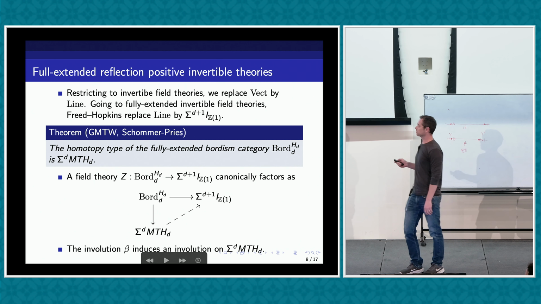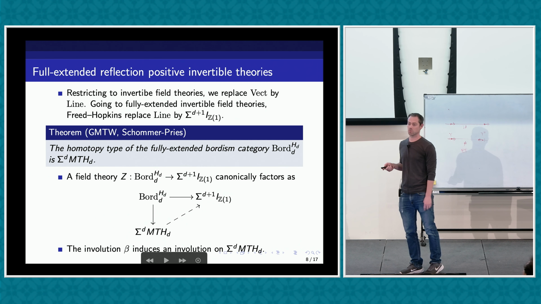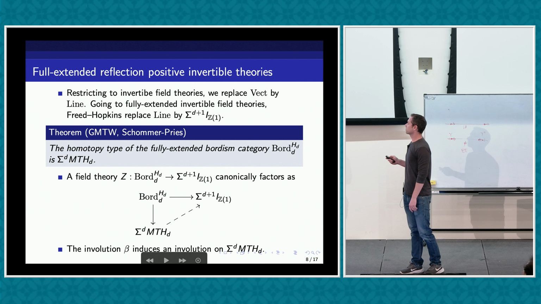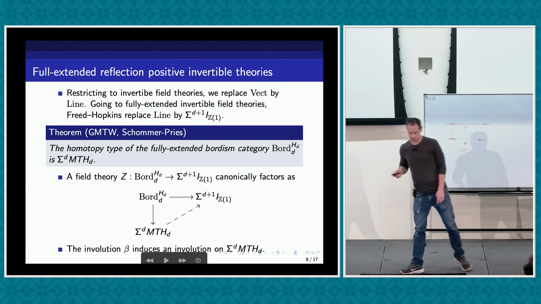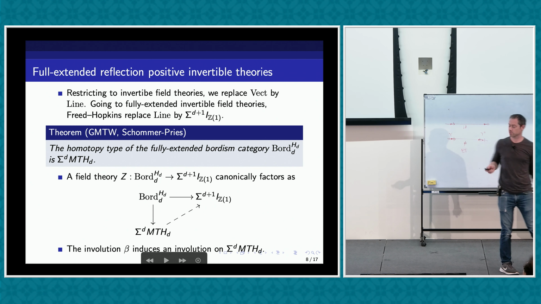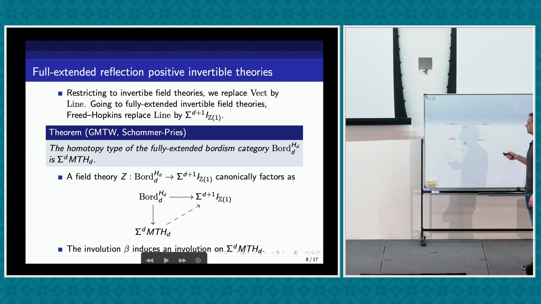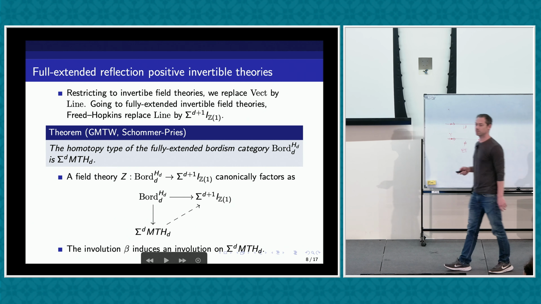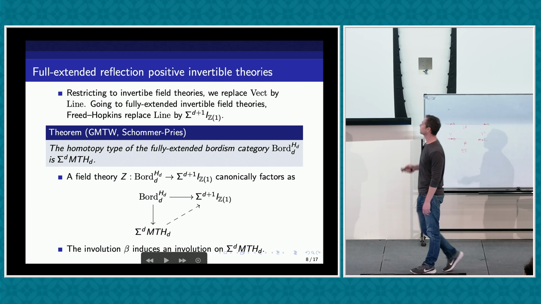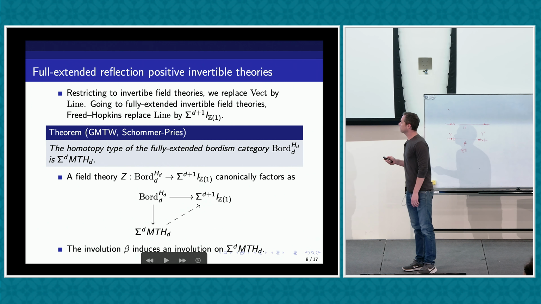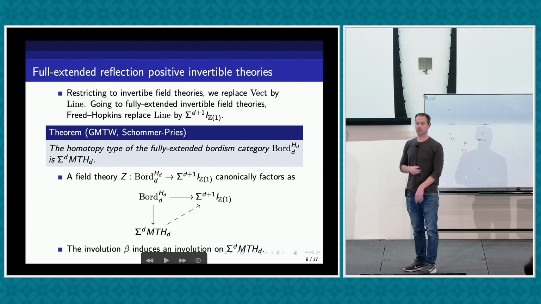Its homotopy type was determined by Galatius, Madsen, Tillmann, and Weiss. And then Chris Schommer-Pries later has this paper, it's still not published, with a result that extends the theorem to the fully extended case, and you just get a suspension of the Madsen-Tillmann spectrum.